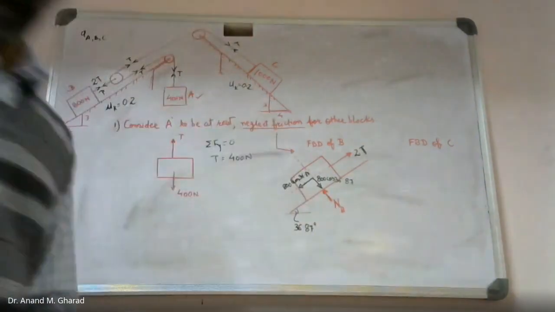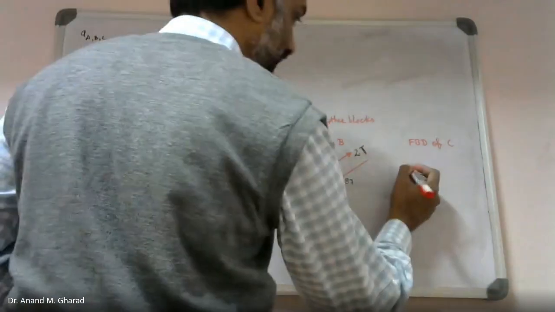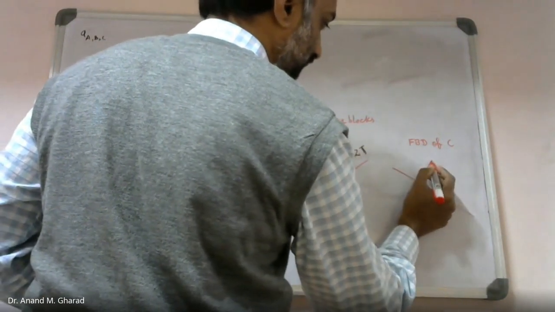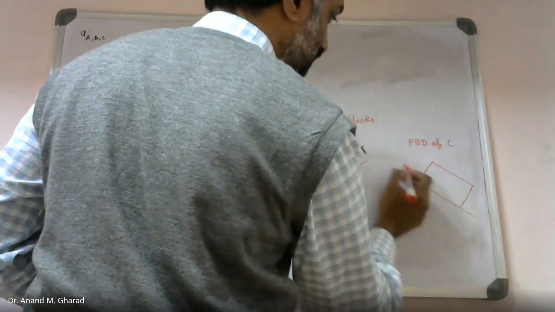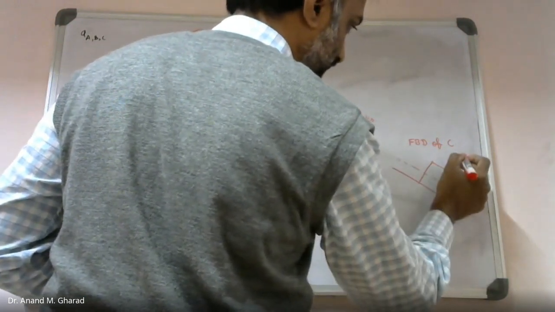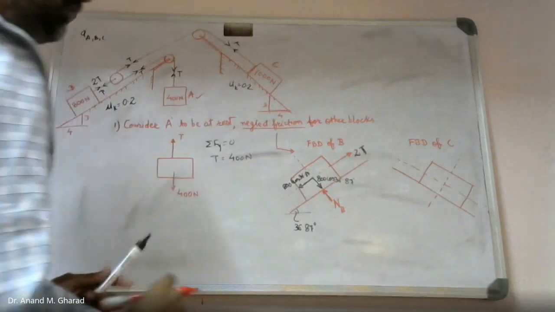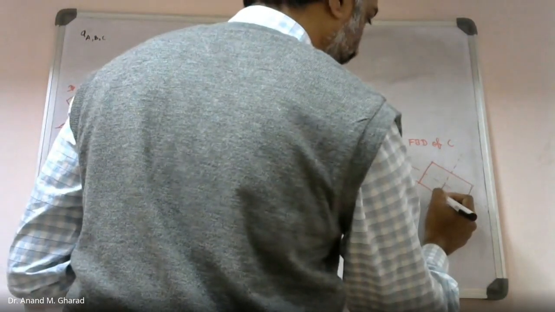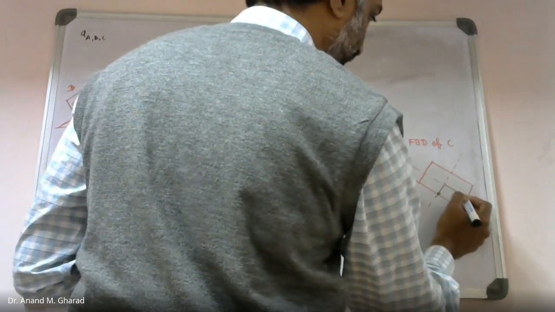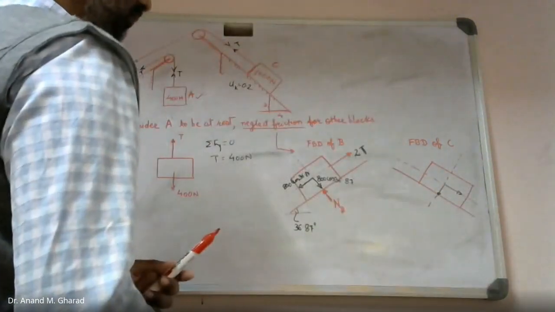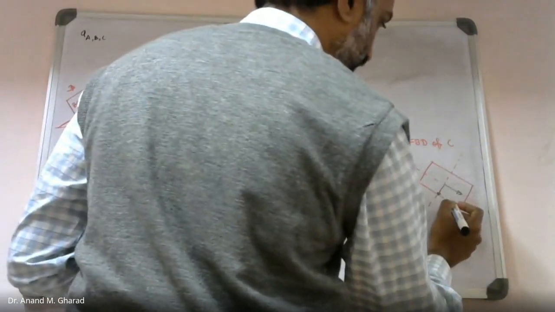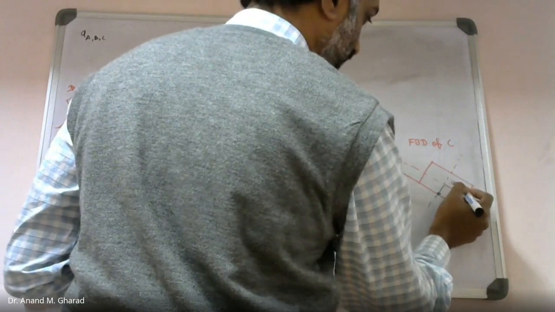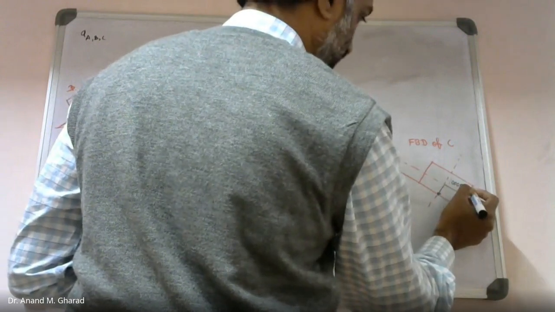Now, similarly, the free body diagram of C. This is 1000 Newton. Okay. Again, the angle will be same. Correct. This will be 1000 sine component, sine 36.87.